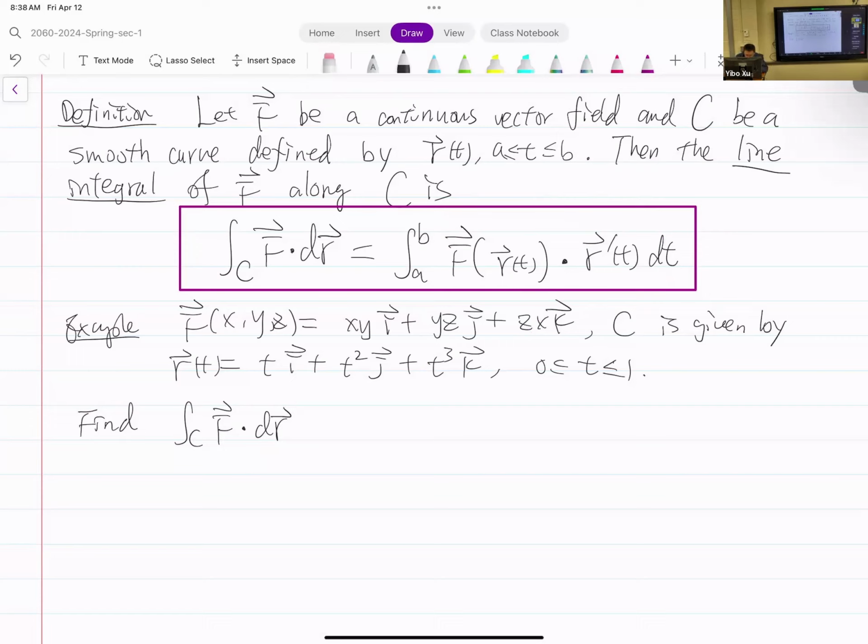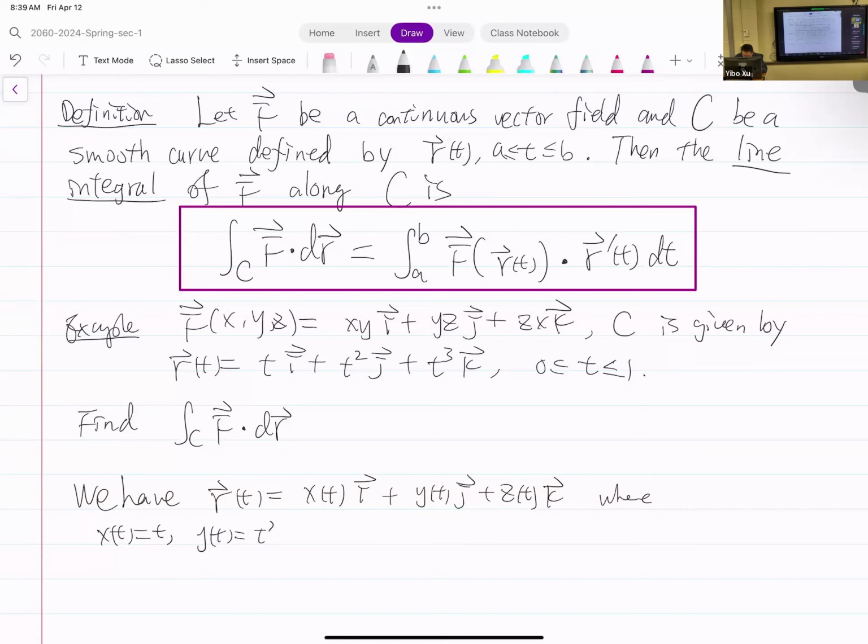So let's do that systematically. We have r of t, so if we write in terms of the component functions, then just by matching the components, we know x of t must be t, y of t must be t squared, z of t must be t cubed.